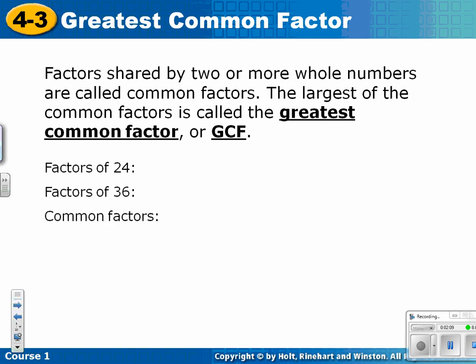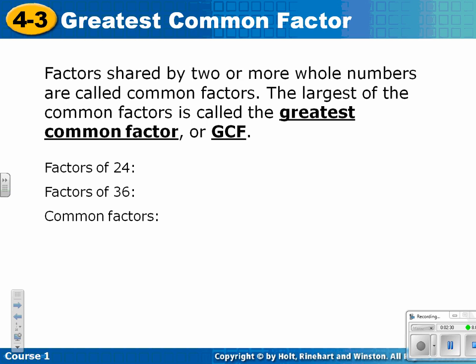Now, let's do this problem. Put your whiteboards down. We're just going to do all of this together for now. Factors of 24 and factors of 36. This is going to take a while, isn't it? Okay, let's go.